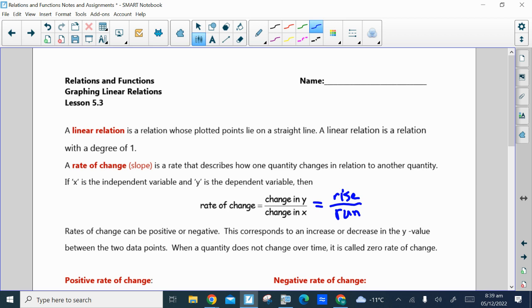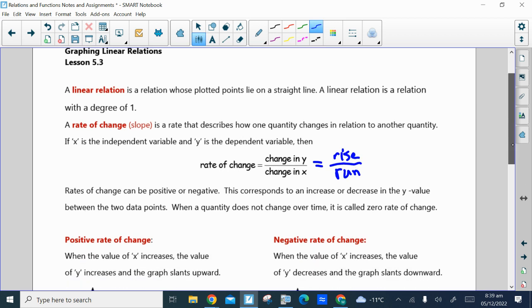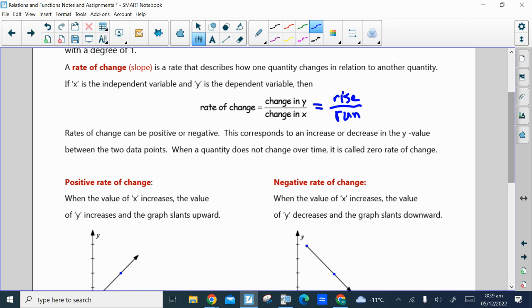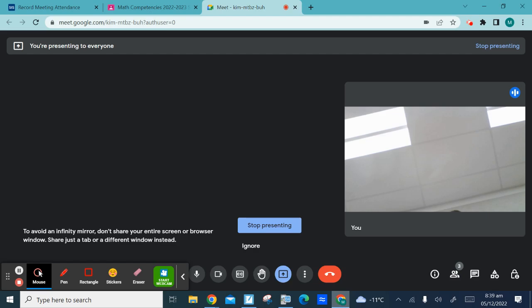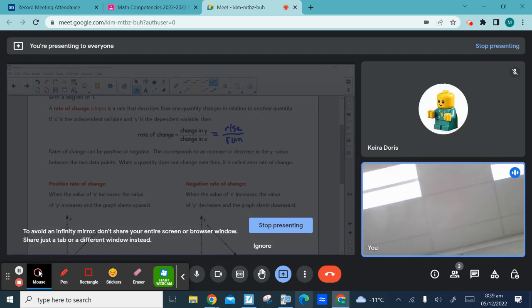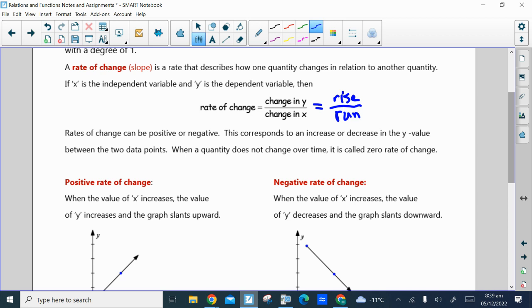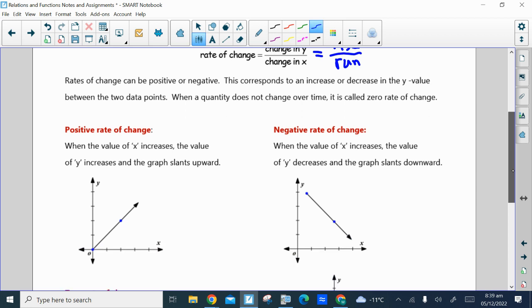The run is how far the line goes horizontally, from far left to far right. And that's where the x values are changing, so that's the change in x. So we're going to be using this phrase a lot, that slope is rise over run. The rise is the change in y over the run, which is the change in x.